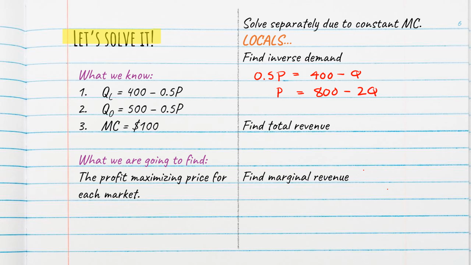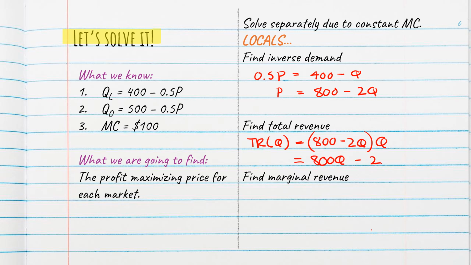Now that I have my inverse demand, I can find total revenue, where total revenue depends on Q, and it's equal to inverse demand, 800 minus 2Q, all times Q. If we simplify, we get 800Q minus 2Q squared.